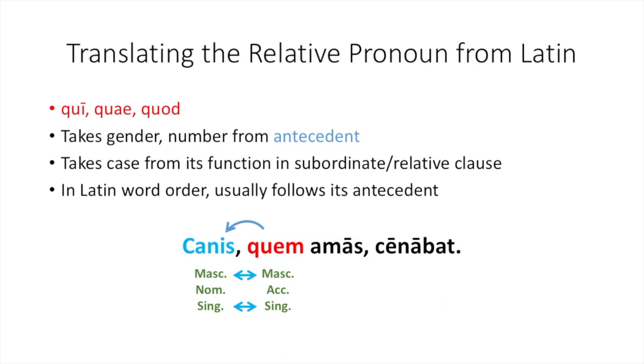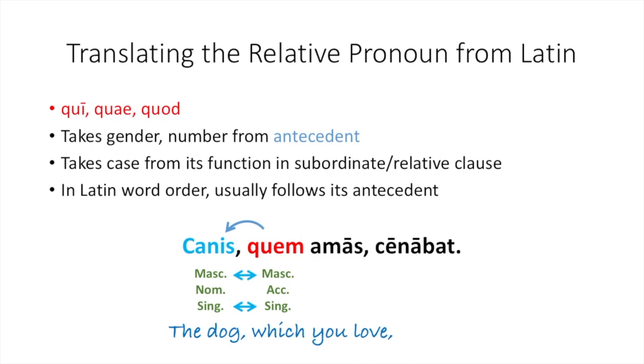It's fine that they are a different case because the function of quem comes from its relative clause, quem amas, and the case for canis comes from its clause, canis canebat. So to start translating this, we can start with our antecedent and then move directly into our relative pronoun: the dog which, and then finish translating our relative clause, quem amas, the dog which you love.